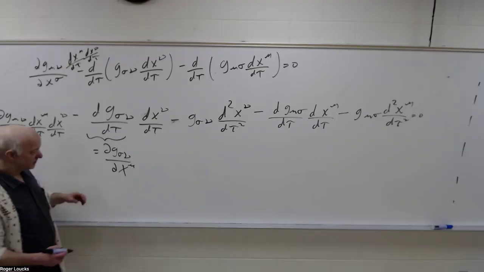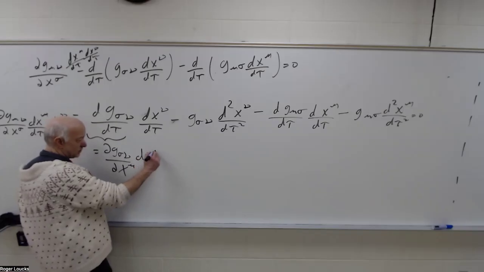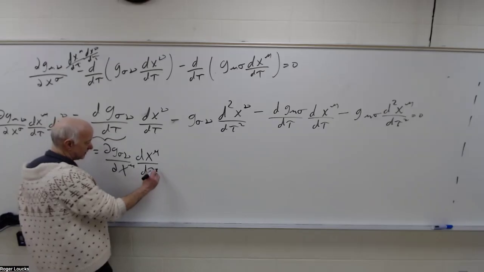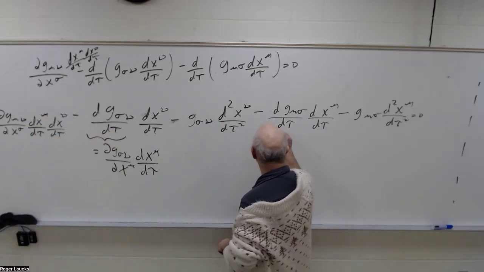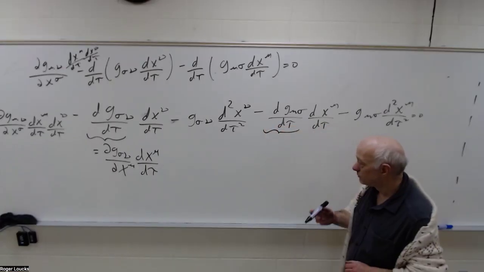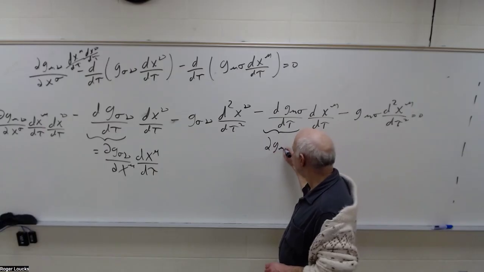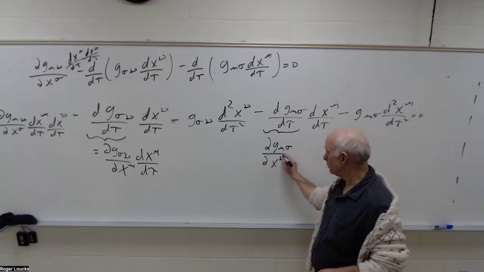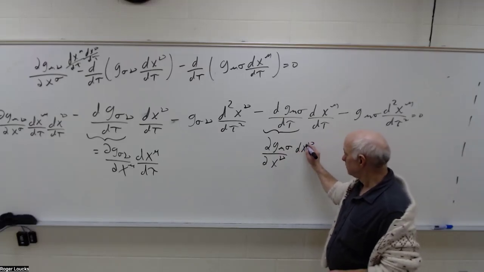And after that, d X mu over d tau. Now, tell me what I'm gonna do with this term here. It's the same as that, but this is gonna become partial of G mu sigma with respect to X nu, d X nu d tau beta.